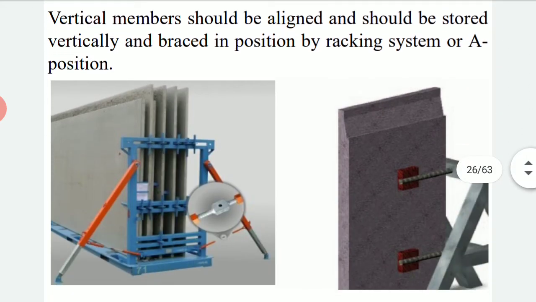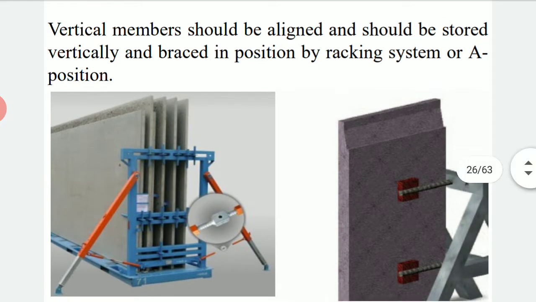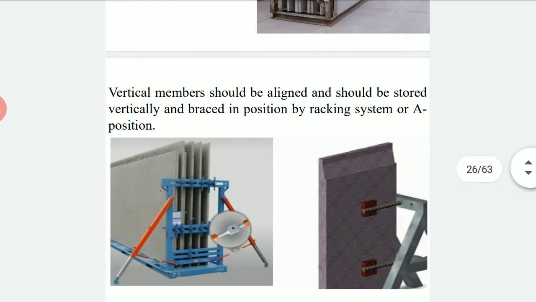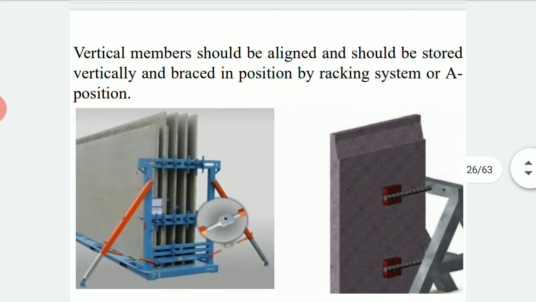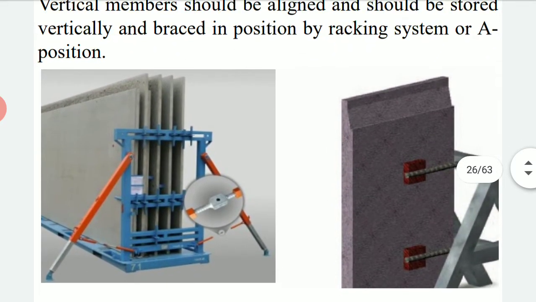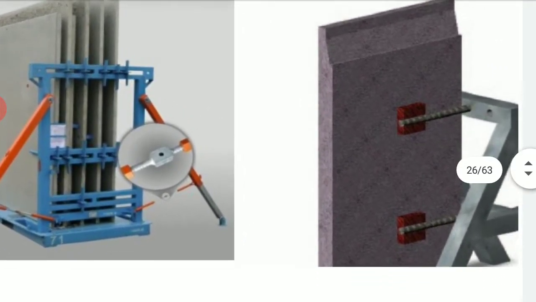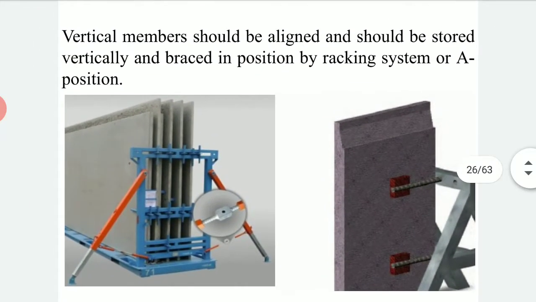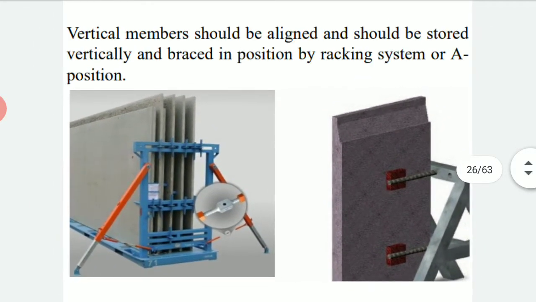And the vertical members should be aligned, stored vertically and braced in position by a racking system. You can see in the diagram, right? It is a section view here. Here also you can see the additional supporting system in the storing yard, right?